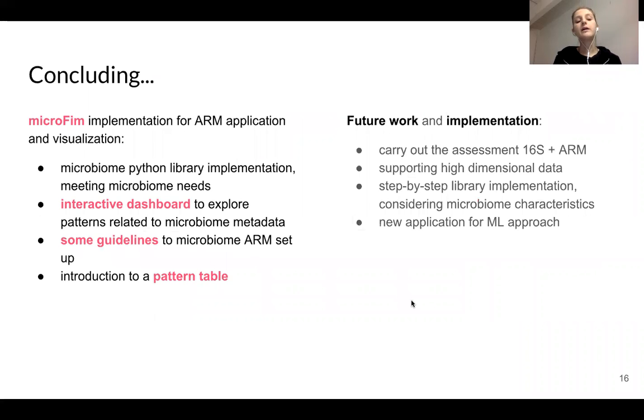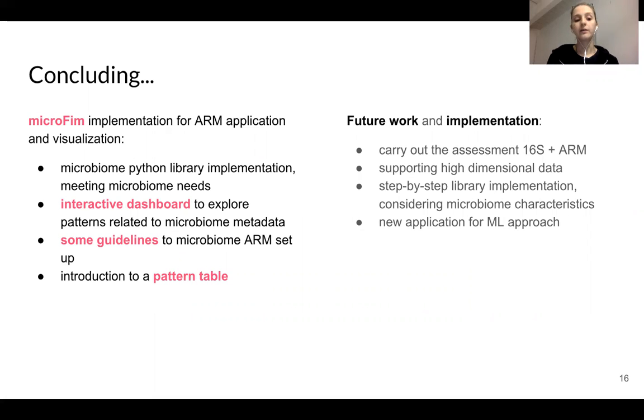So, concluding, it's a library implemented in Python that tries to meet the needs of microbiome research for the application of ARM. It can generate an interactive dashboard to explore microbiome data dynamically, with the inclusion of the metadata into the analysis.